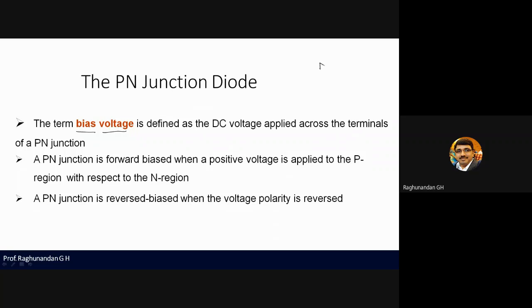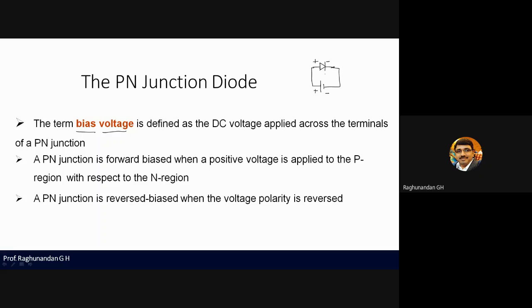We have a diode like this. This is the positive terminal, and this is the negative terminal. So we are going to connect a battery like this. The larger line is positive, the smaller line is negative.